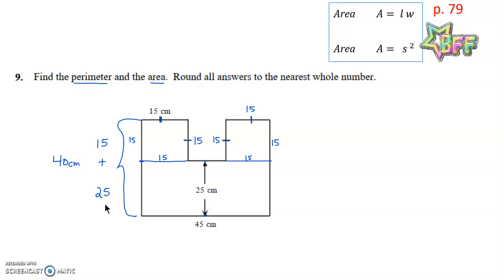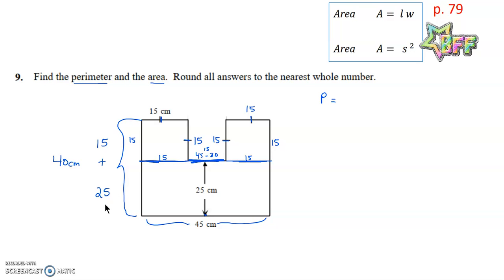So now we can calculate our perimeter. Our perimeter is going to be 15, 15. Here is also 15 because we have 45 along the bottom. So we have 15, missing 15. So this is going to be 45 minus 30. So that's also 15.